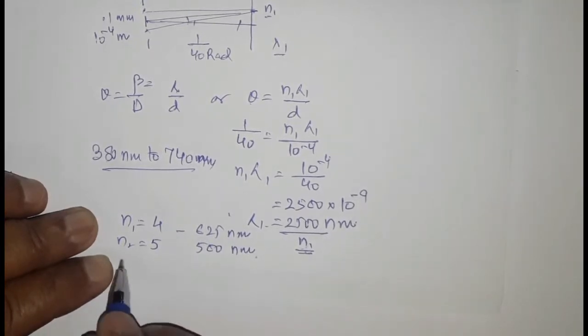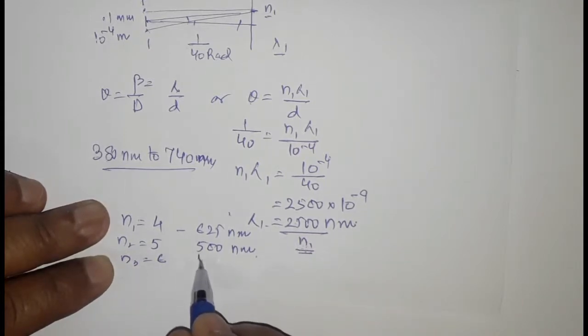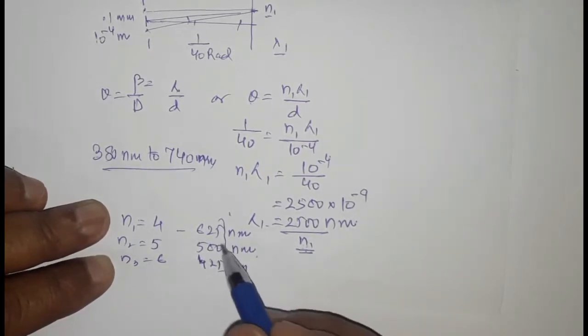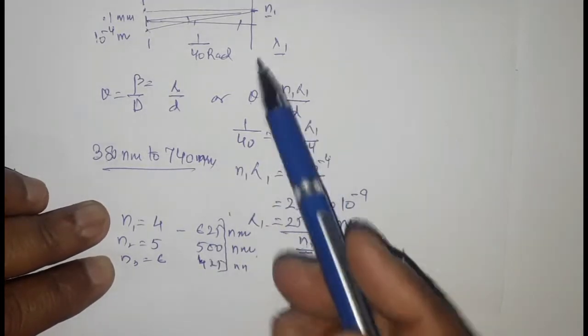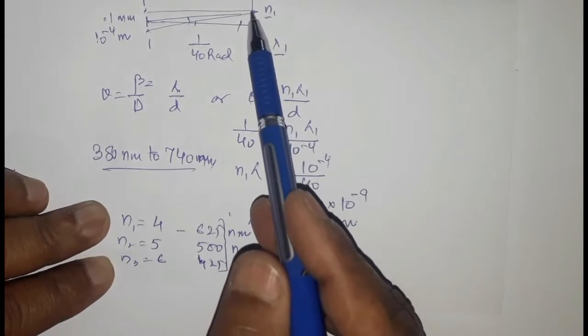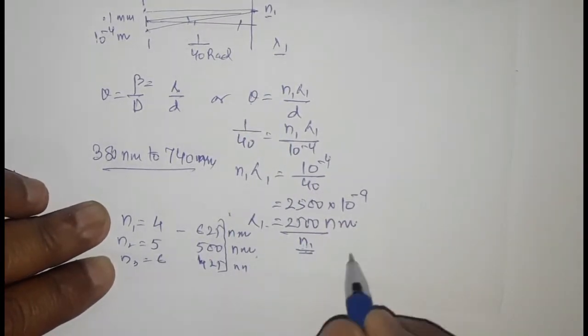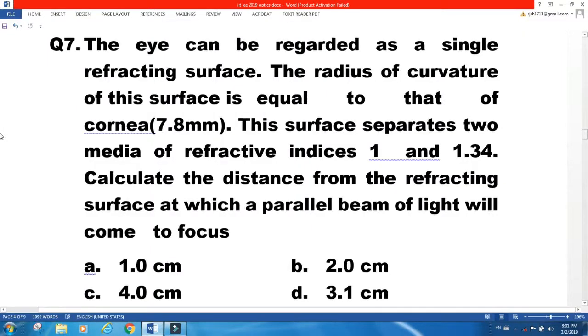If n1 is 6, that means 425. All these are possible values of wavelength for which the bright fringe can be obtained at this position. So out of the given options, A is correct, that is 625 and 500.